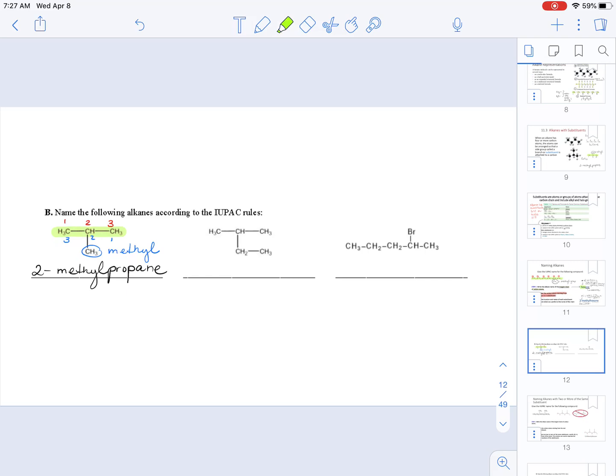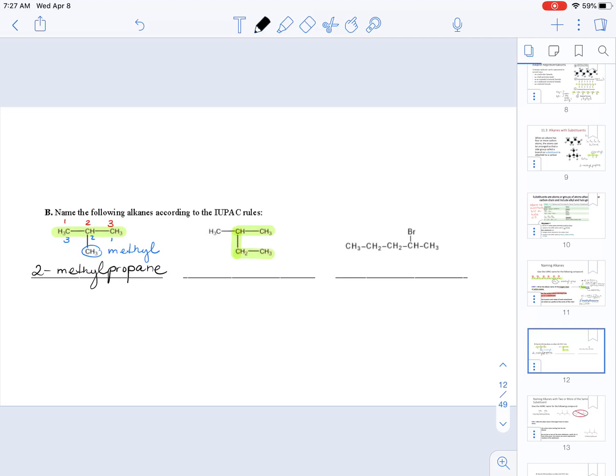For example, in the second molecule, my longest carbon chain is going to be going from right to left, down to the side. Because if you choose the one on top, that's only 3 carbons. Remember that the goal is finding the longest carbon chain. So in this case, it's going to be 4 carbons.